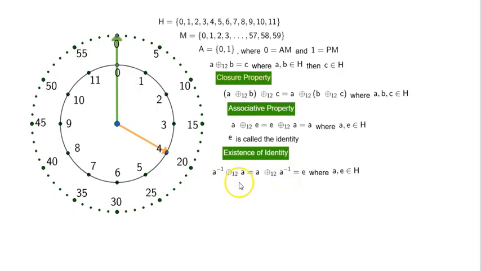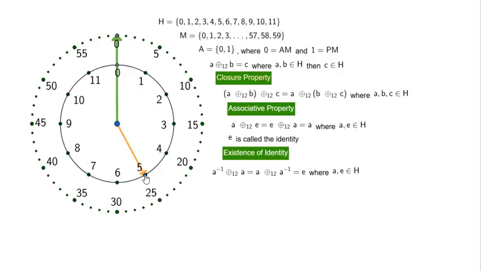Now let's take A and let's take its inverse. If we add them together, what do we get? We get E, which is the identity. How do we figure this out? Given say 5, what is its inverse? So A is 5 and the identity is 0.